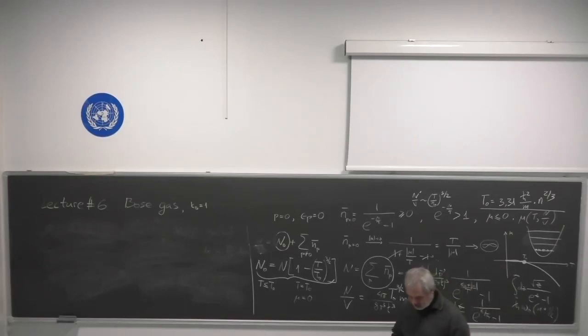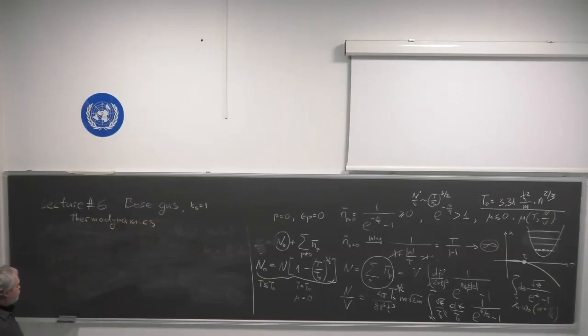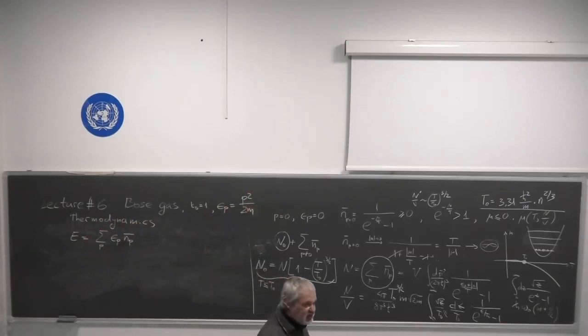Okay, energy, thermodynamics of BEC. In the same way, energy is equal to the sum over p of epsilon p times n p bar. And you remember that epsilon p is equal to p squared over 2m. Now, I will do the same. I will replace my summation over quantum states by integration.